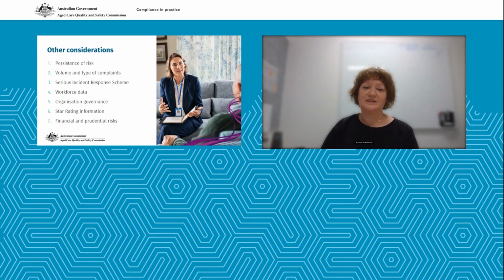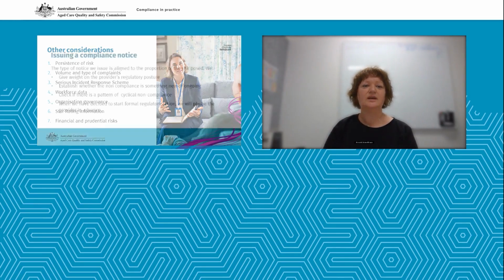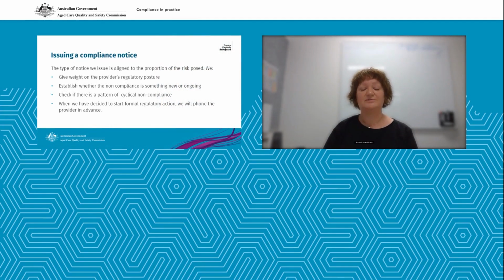Whereas a provider that's been cyclically non-compliant and highly defensive in our past dealings will lead us to be concerned about the risk of leaving them to remediate their non-compliance without close oversight by us. In cases where we assess the risk as high, we're most likely to issue a non-compliance notice, or where the issue relates to restrictive practices, code of conduct or incident management problems, a compliance notice.